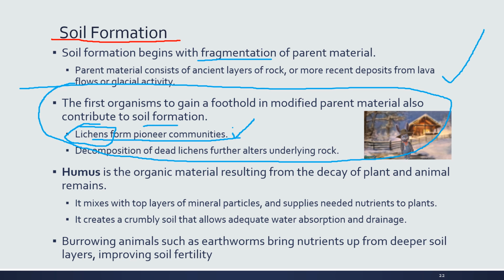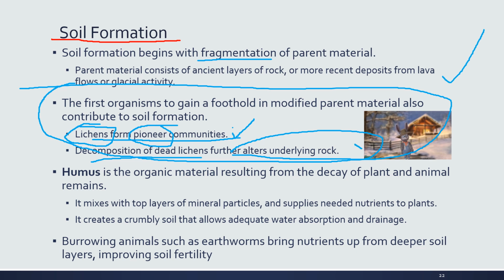So these are called pioneer creatures or pioneer communities. Usually what happens when the lichens take over, they eventually run out of space and die, and sometimes they're overgrown by other creatures. And as the rock decays, they lose their solid substrate.